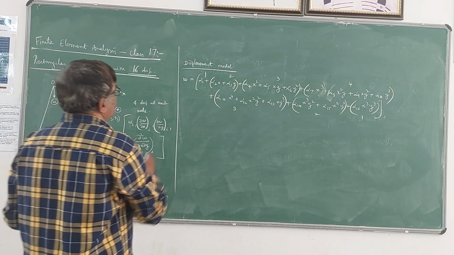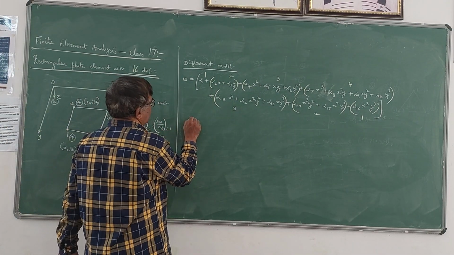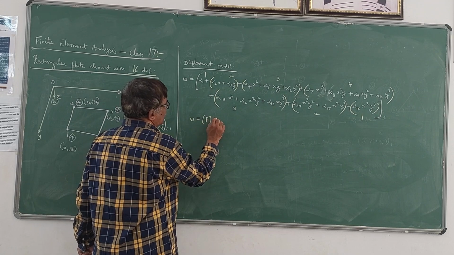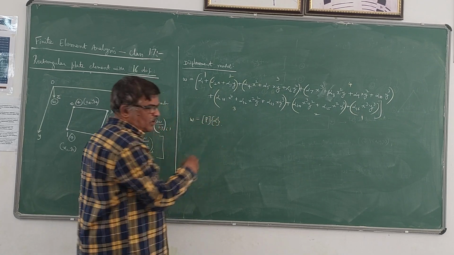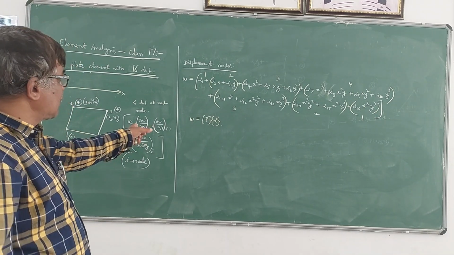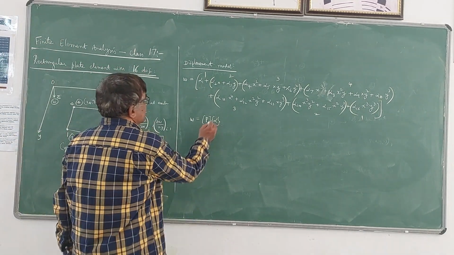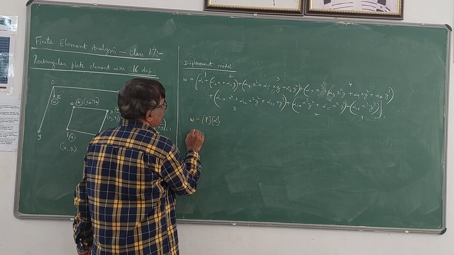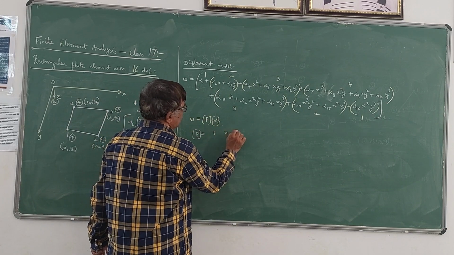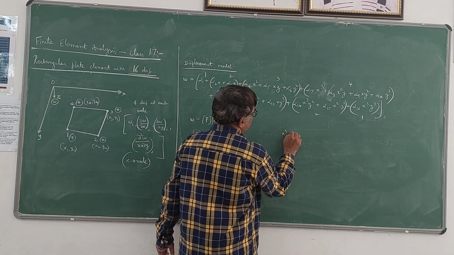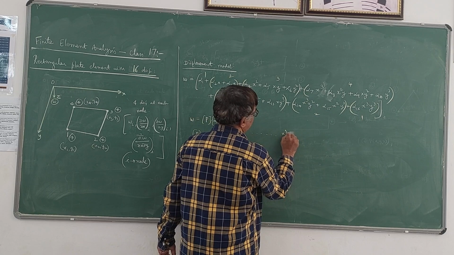rectangular plate element. So similarly, what we can write here is W is equal to P into alpha, which I had explained in the last 12 degree of freedom 4 noded element. On similar lines, you can write like this. So here the only thing is this P is nothing but the matrix 1, x, y, etc. up to this last term x cube, y cube.